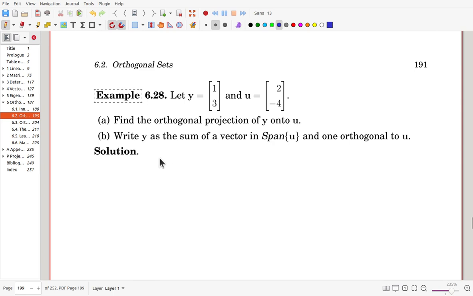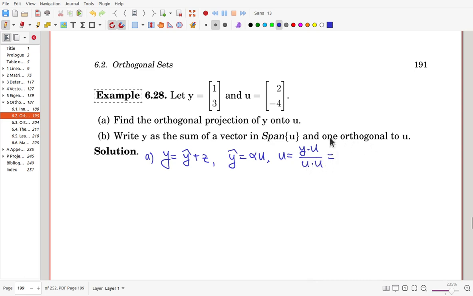Okay, again we start with part A here: y equals y hat plus z, and y hat is alpha u, parallel to u, and alpha is y dot u over u dot u.